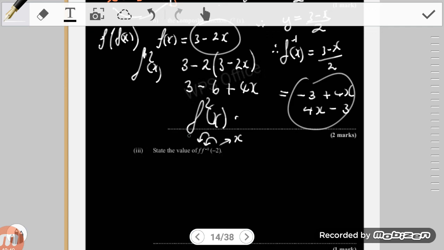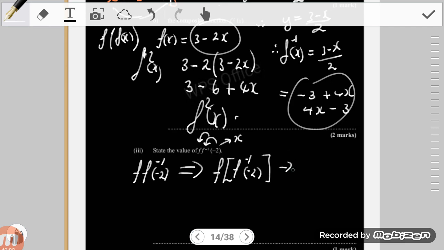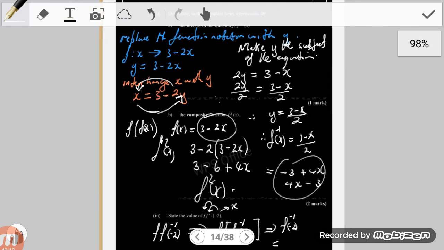Now one of the best ways to write this here is f of f inverse of minus 2. It implies that we're going to take the function f and find the value of f inverse of minus 2. Alright, so now f inverse of minus 2 means that we're going to take the f inverse function, which is what we just found up here.